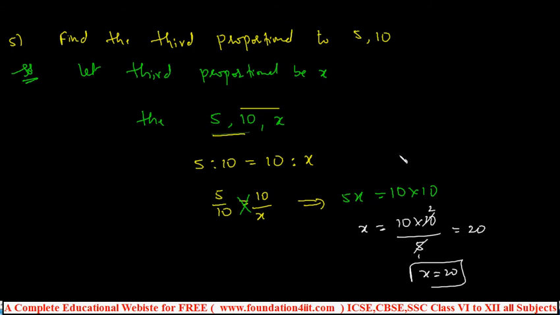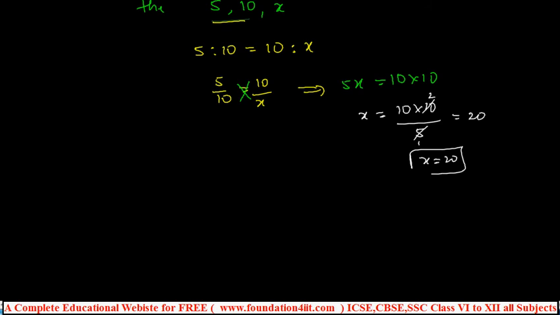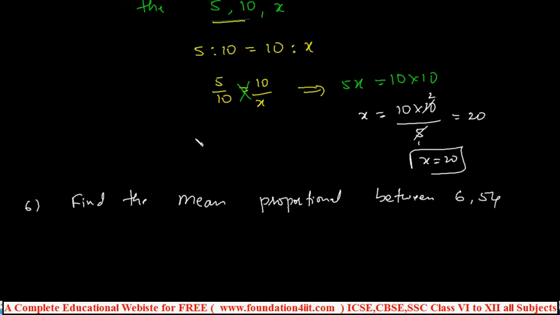Same, for example, the last question, mean proportion. The problem is find the mean proportional between 6 comma 54.